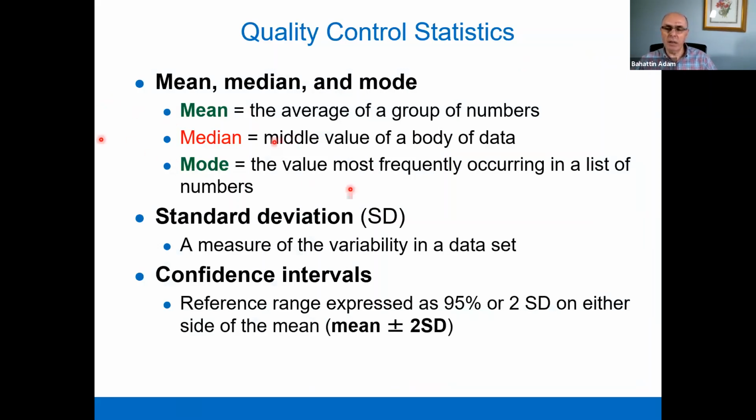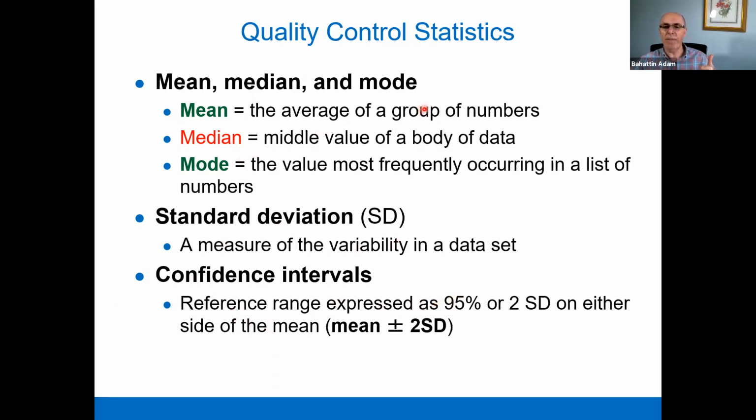Next, quality control statistics. Since we are talking about quality, we need to collect data about the quality results, and in order to get a result, you have to use some statistical analysis: mean, median, mode, standard deviation, and confidence intervals.